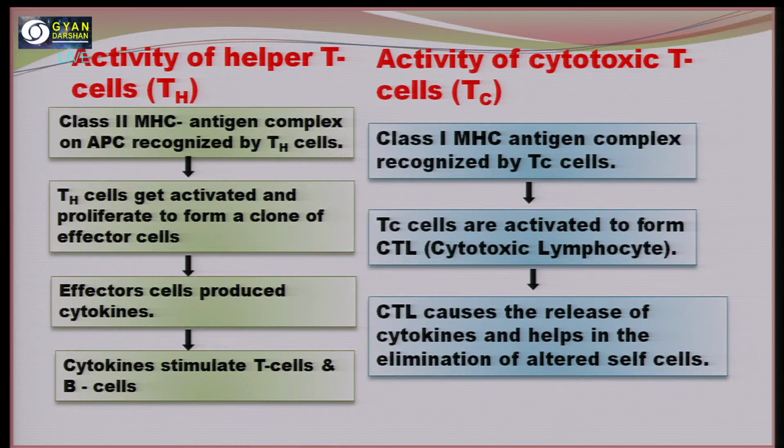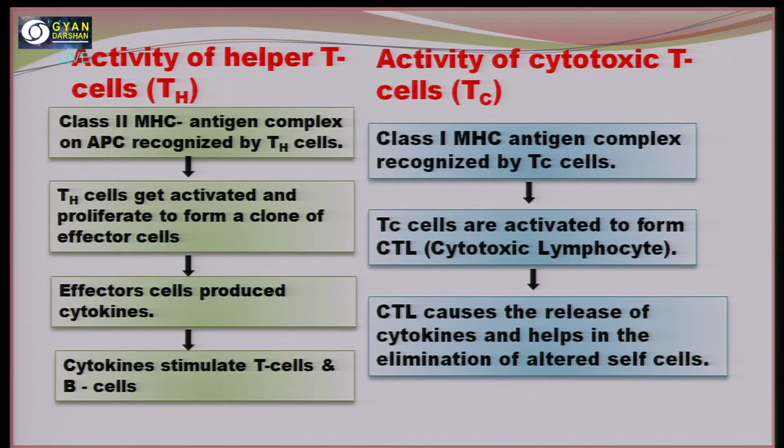Another thing I want to discuss is the activity of the T helper cell and the activity of the cytotoxic T cell, which are very important cells in our immune system. The class II MHC antigen complex on the APC is recognized by the T helper cell.